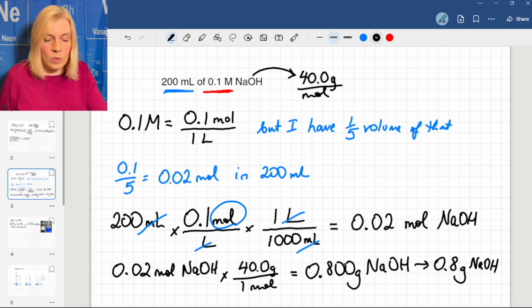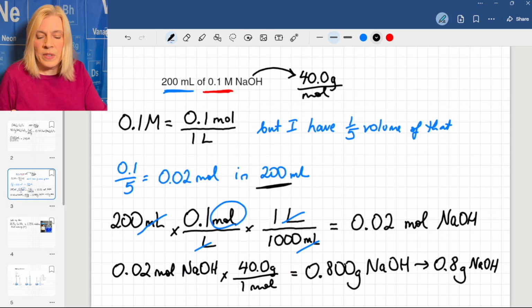So what will I do? I'm going to weigh out 0.8 grams of my solid sodium hydroxide. I'm going to dissolve it in about 100 milliliters, half of what I need, in a beaker, and transfer it to a 200 ml volumetric flask.